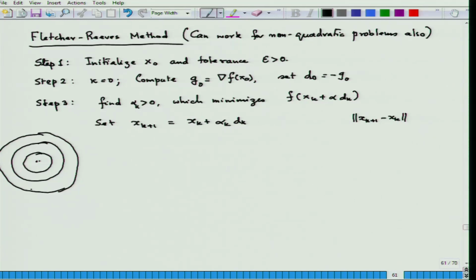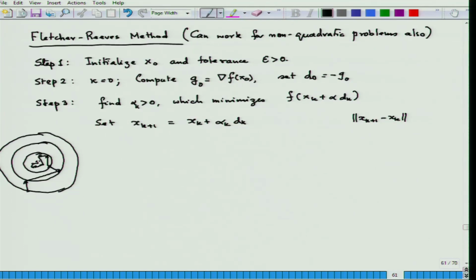So, you are here. You take one direction, you move here, then you take another direction and move here, then you move there, and then there, and then here, then here, then here. So, as you go near the solution, this distance also decreases.